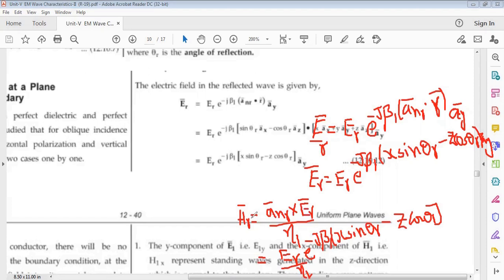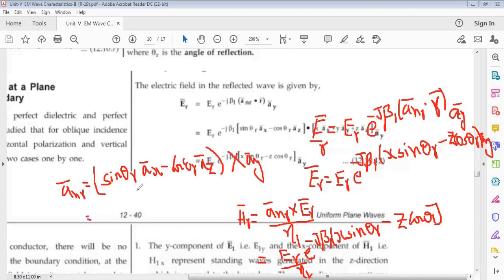And this AY bar, apply the cross product with ANR bar. ANR bar is equal to sin theta into AX bar minus cos theta into AZ bar, cross product with the AY.